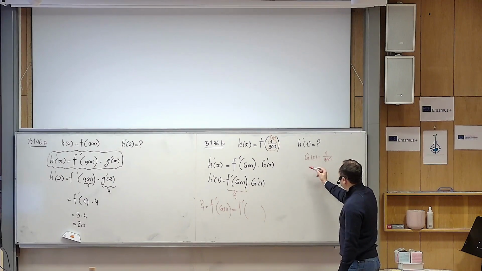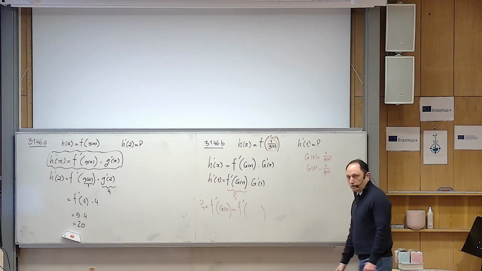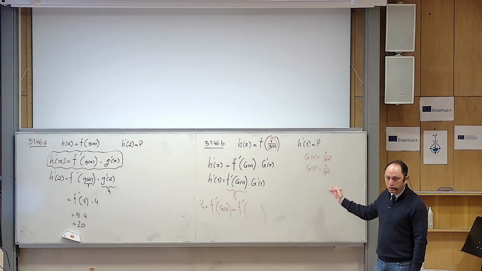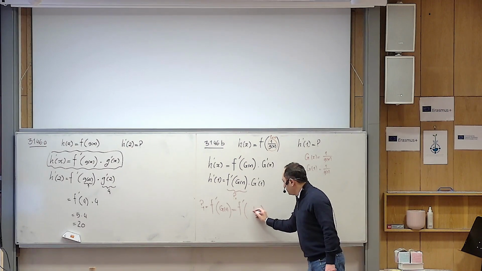When I ask you what is G of 1, it means that I am replacing x with 1. So I have to replace x with 1 on the other side. Yes or no? Okay, so this is just 1 over G of 1.